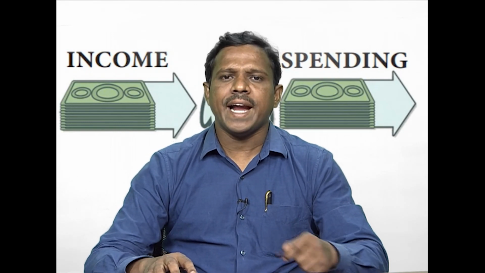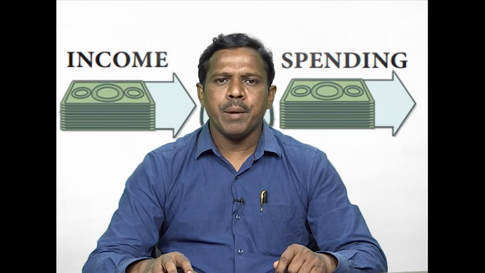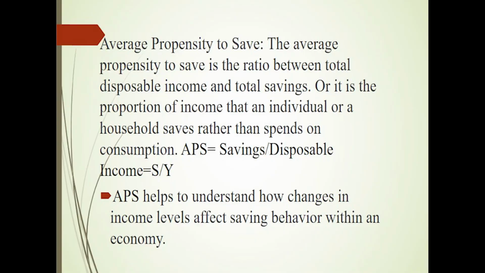We can write the mathematical equation: APS, average propensity to save, is equal to savings by disposable income. So, APS is equal to S by Y.